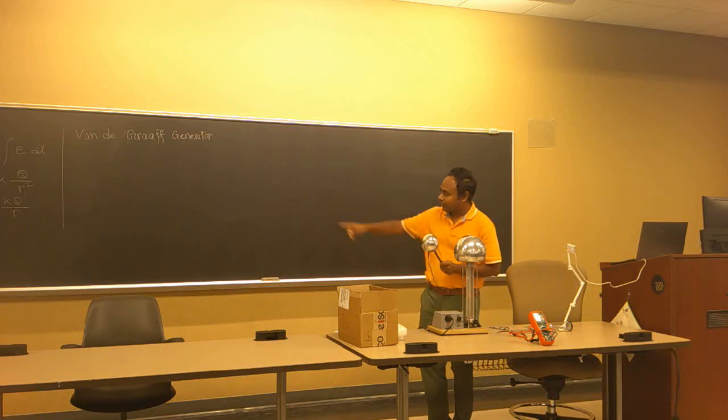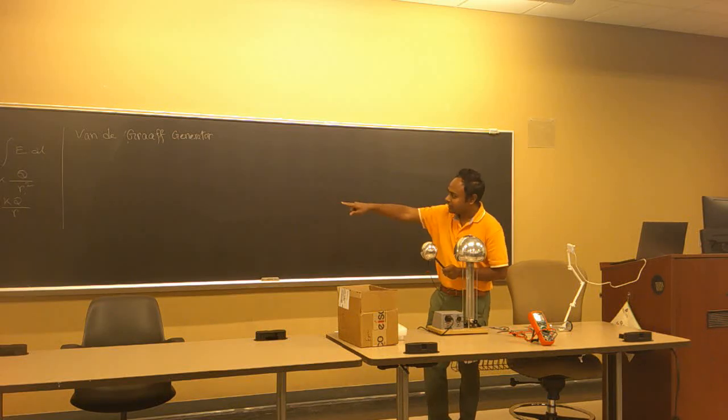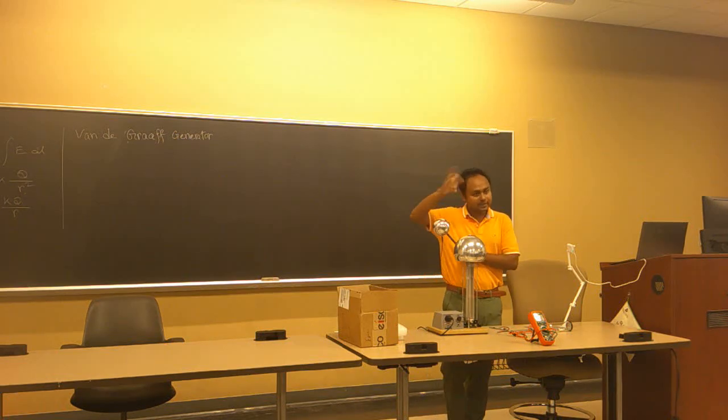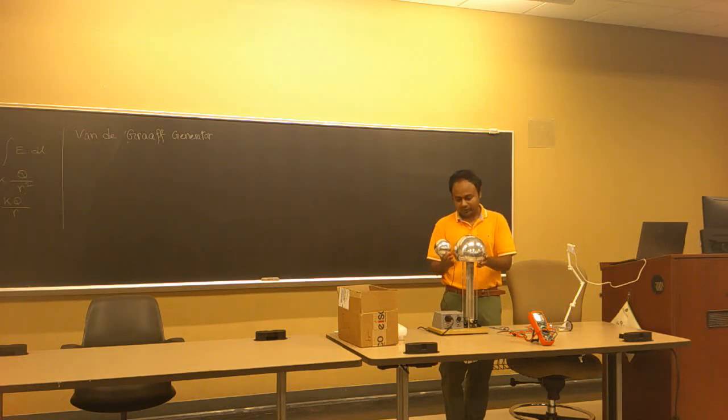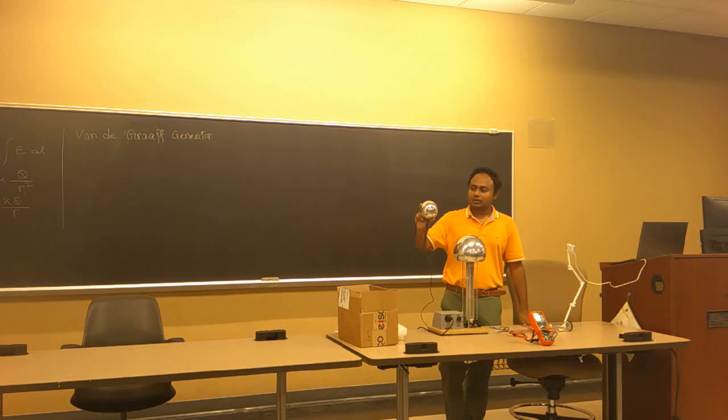So let's look at the other equations also. It says that V equals kQ over R. R is actually the distance from your charge, right? Now, this guy we can approximate as a sphere. Okay? It's not exactly a very good sphere, but an approximation is good enough. This is also a sphere. So these two guys have two different radii.